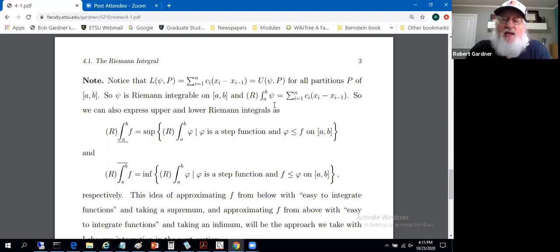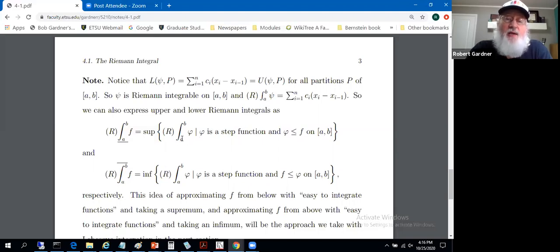That means we can take what we started with in terms of defining lower and upper Riemann integrals and replace lower Darboux sums with integrals of step functions, Riemann integrals of step functions.